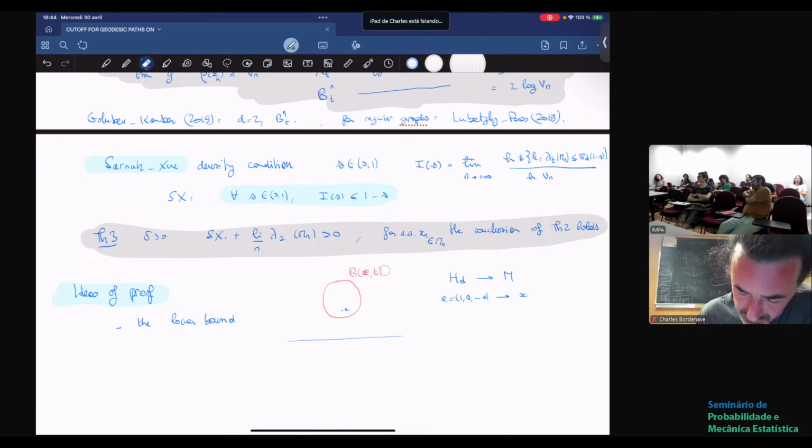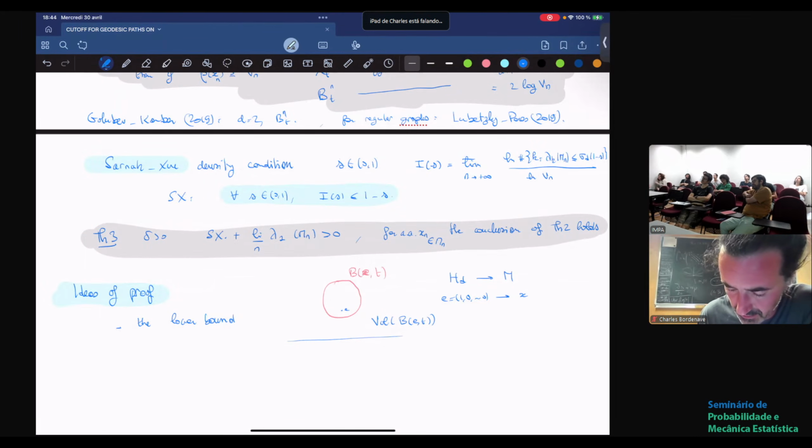And the volume of the ball of radius T in the hyperbolic space is equivalent to, it's a sinh, but essentially it's the exponential of d minus 1 times T.